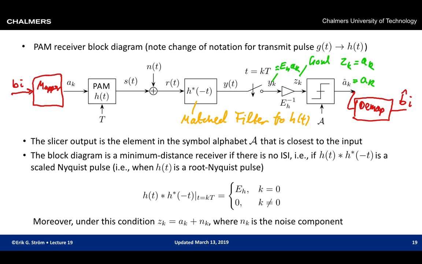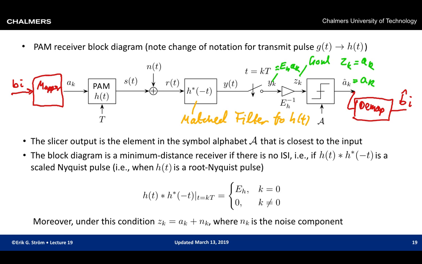But isn't the PAM block the thing that makes bits to the symbol? I just simply didn't draw these things out. The whole thing from bits to bits includes also a mapper. No, the PAM block only takes symbols, amplitudes in, and then outputs a signal, given a pulse shape and the time between these pulses. So the PAM block does not include the bit to symbol conversion.